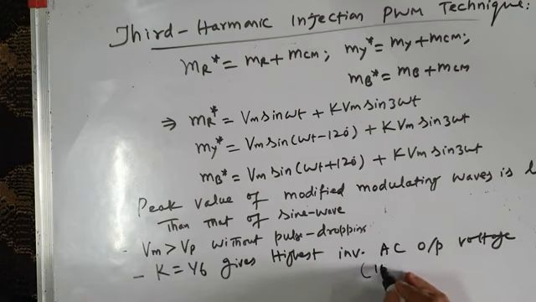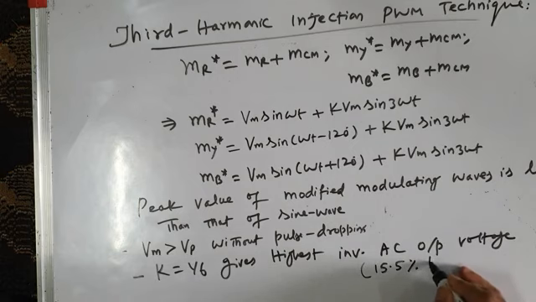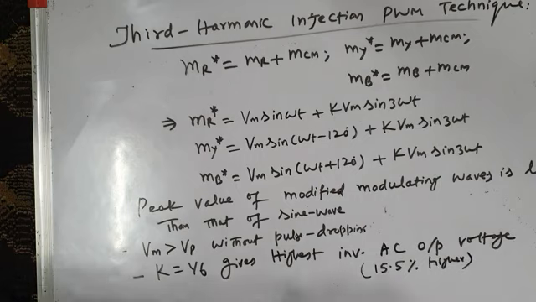That means the inverter output voltage increases by about 15.5%. On the other hand, k equal to 1/4 gives the lowest harmonic distortion.